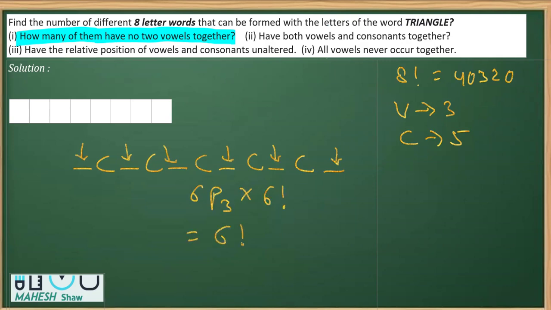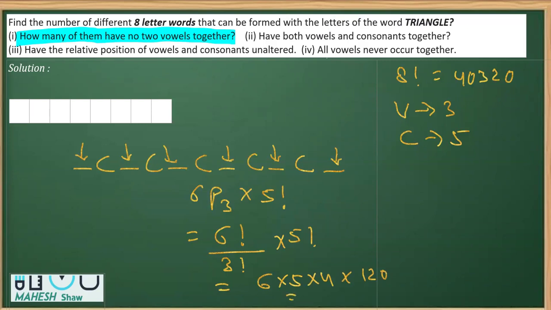This is 6 factorial over 6 minus 3, that is 3 factorial. For further calculation, it is 6 into 5 into 4, and 3 factorial gets cancelled. And 5 factorial is 120.